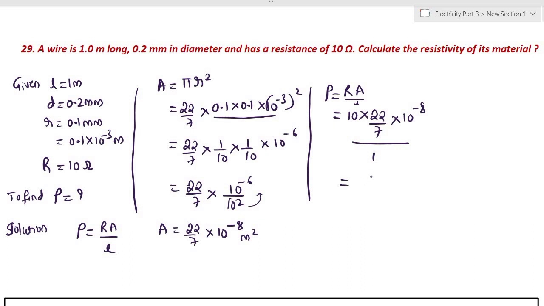So therefore 22 into 10, that is 220, divided by 7 into 10 to the power minus 8. It can be divided: 7 3s are 21, 1 remains, 10, it becomes 7 1s are 7, 3 remains, 7 4s are 28, 2 remains, 7 2s are 14. So 31.48 into 10 to the power minus 8 ohm meter is the answer for the given question.